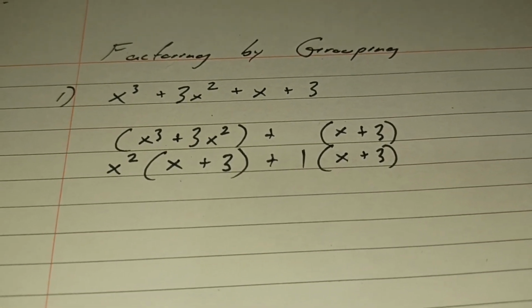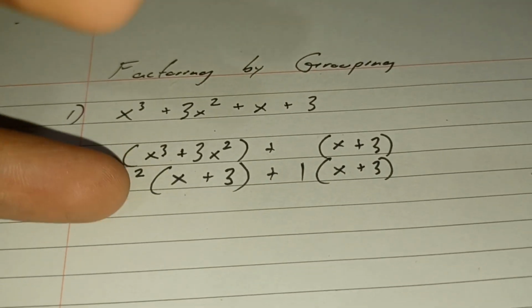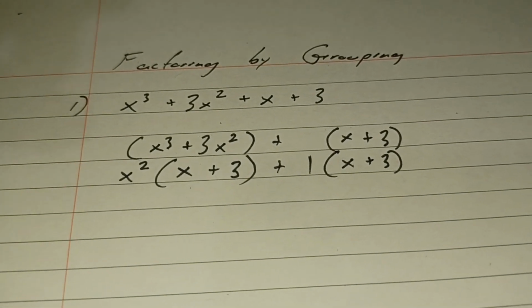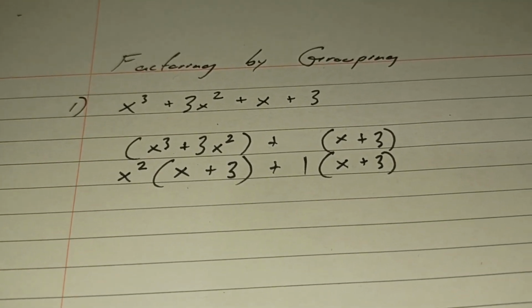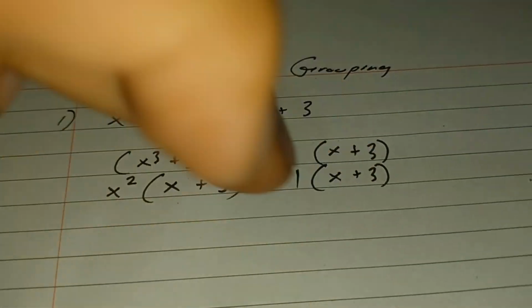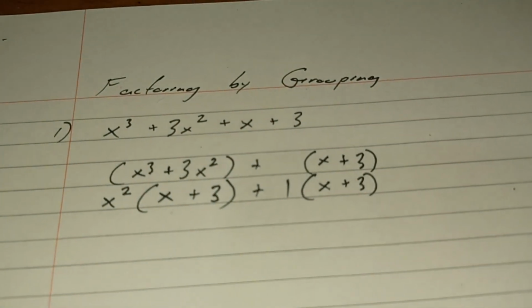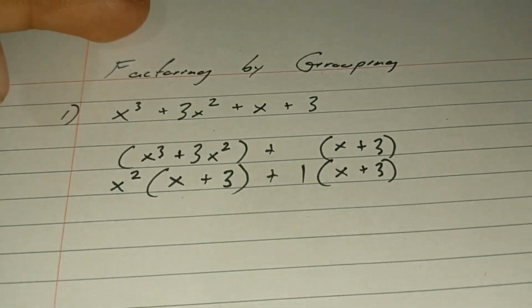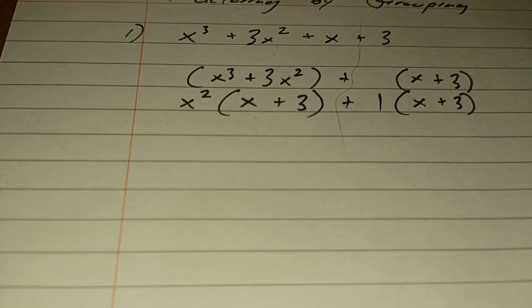So now we have the expression that they have in common: x plus 3. We have an x plus 3 here and an x plus 3 there. We can factor that out.